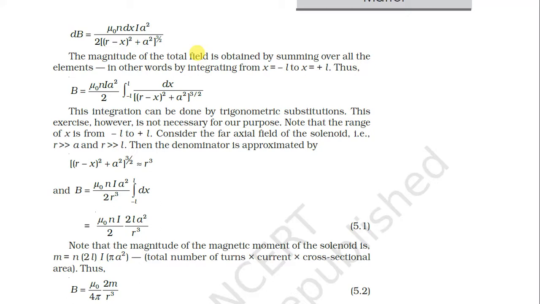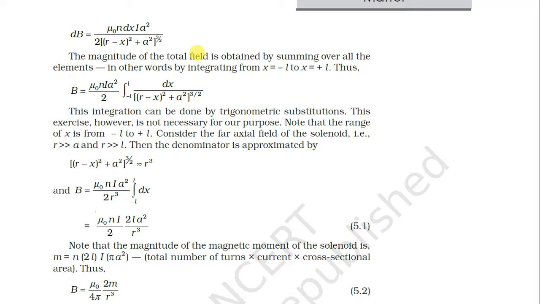Consider the axial field of the solenoid, so r is greater than a and r is greater than L. Then the integrand is approximately r square plus x square plus a square, raised to 3 by 2.